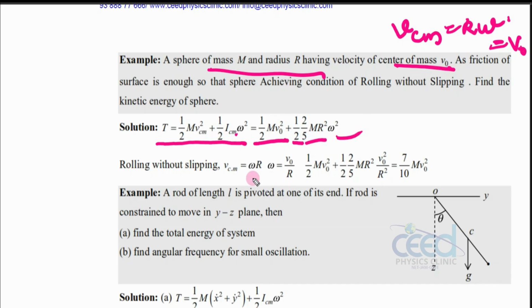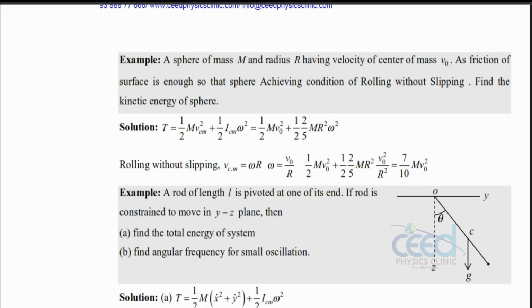Now we substitute v0 equals omega r, so omega is equal to v0 by r. Substituting this, we get half m v0 square plus half into 2 by 5 m r square into v0 by r the whole square, which gives 7 by 10 m v square.